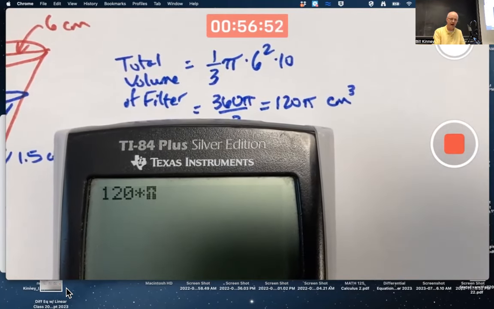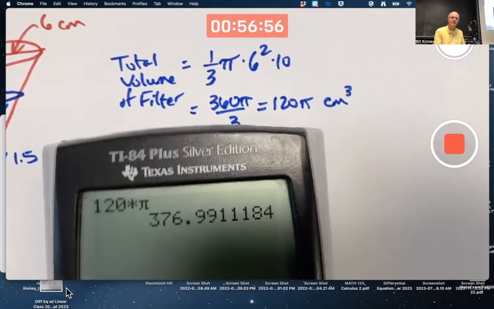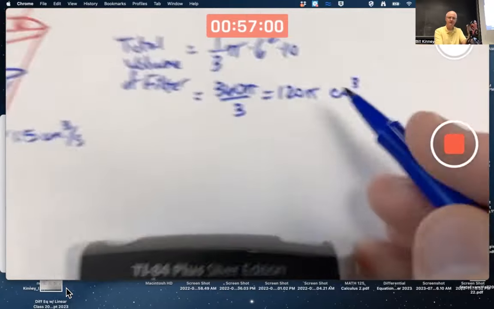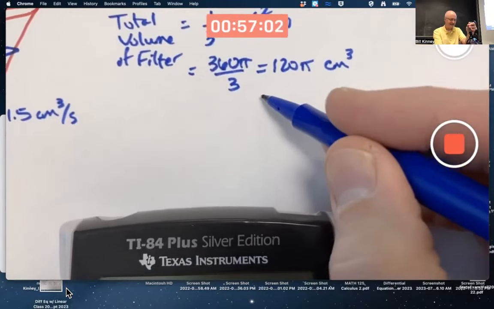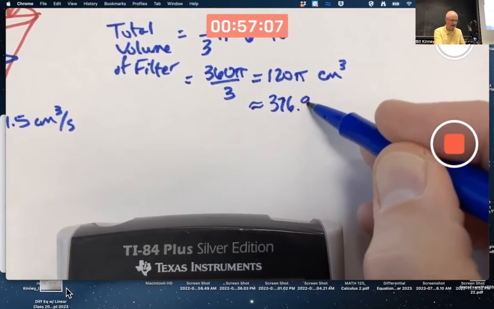120 times pi, 377 cubic centimeters. That's probably good to use. About 376.99 cubic centimeters.